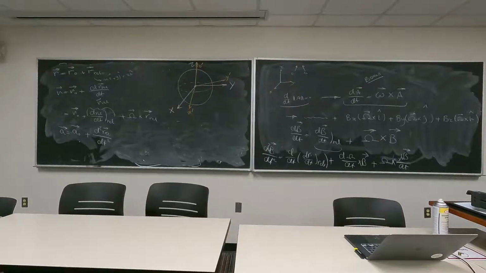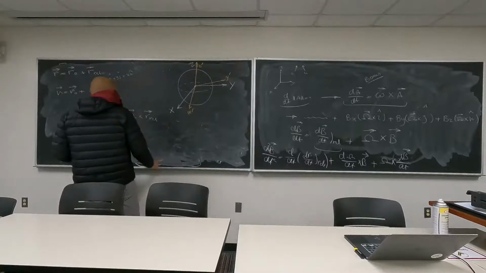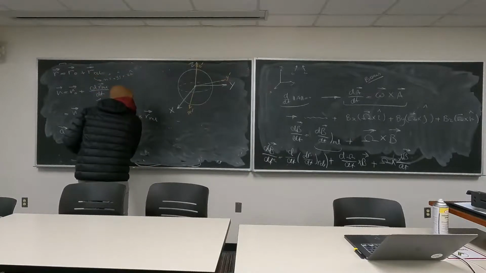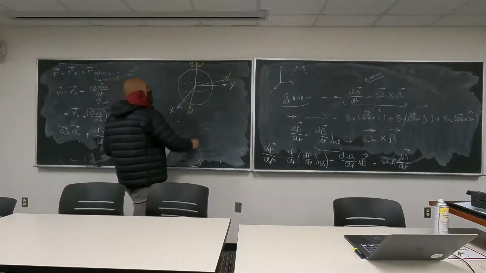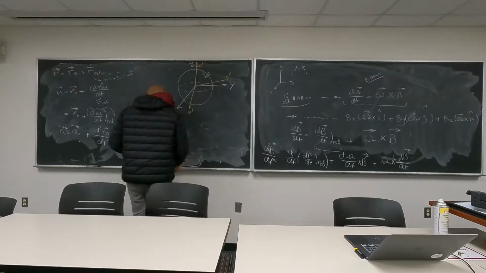So Z prime itself is going to lie on top of the Z axis of the inertial frame of reference, and then we are going to have another frame of reference on the surface of the Earth. Let's say this is here, a small x, y, and z is going to be the altitude.